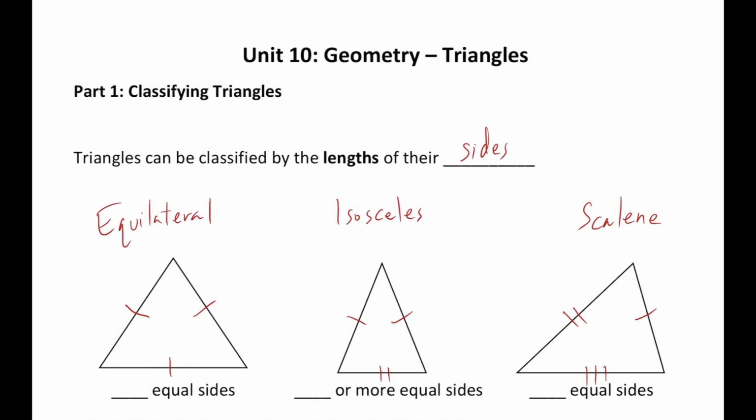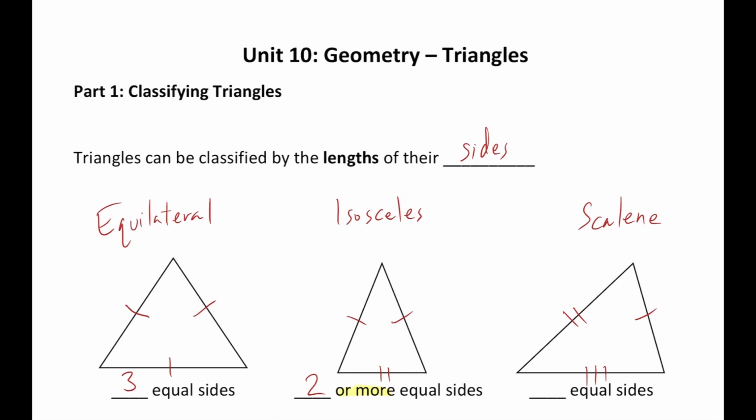And so an equilateral triangle, equal sides, I have three equal sides, meaning all sides must be equal for an equilateral triangle. Isosceles needs to have two or more. So there's a very important distinction here. Two or more. So is an equilateral triangle isosceles?